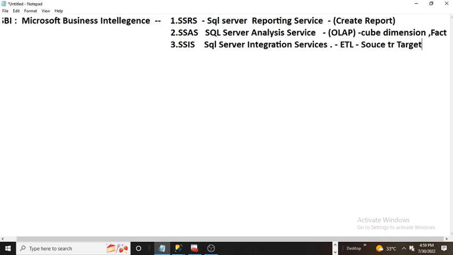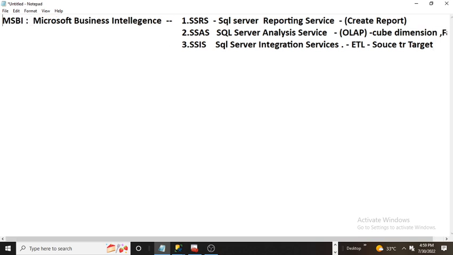So the important question is, if you are not good at SSIS because you tried but you think it's very difficult, then leave it. Sometimes people find SSAS quite difficult because we need to learn MDX, which is like a SQL kind of language. For querying the data from the cube, you need to learn a language called MDX.